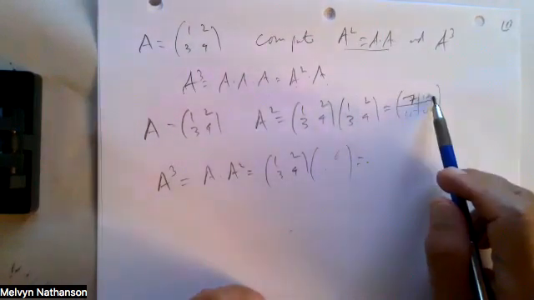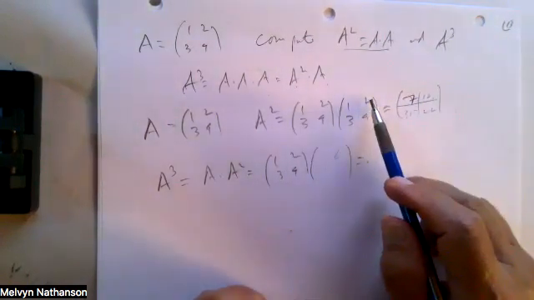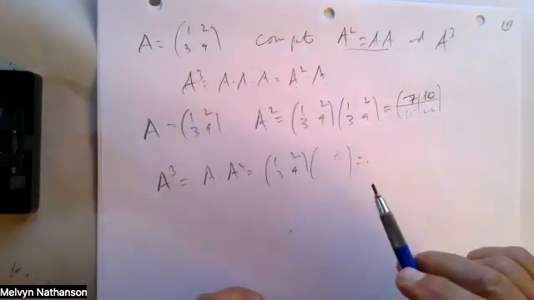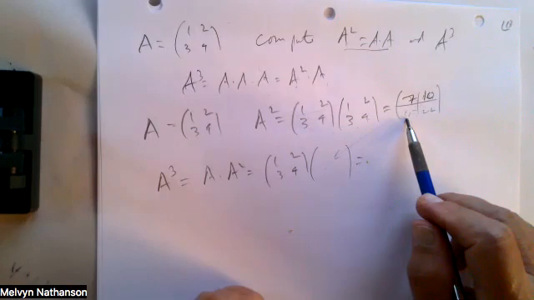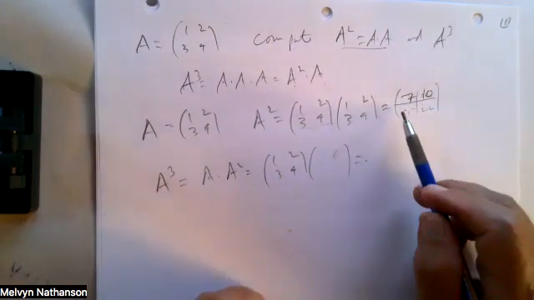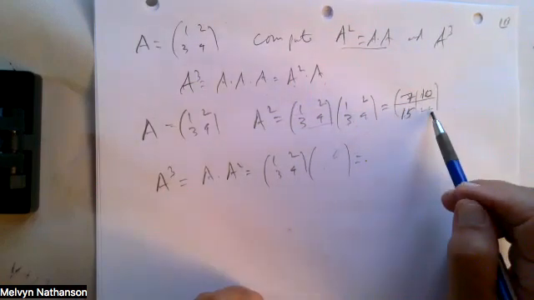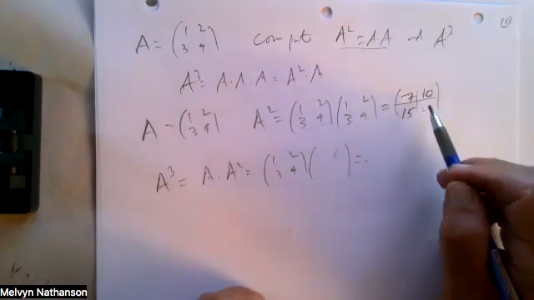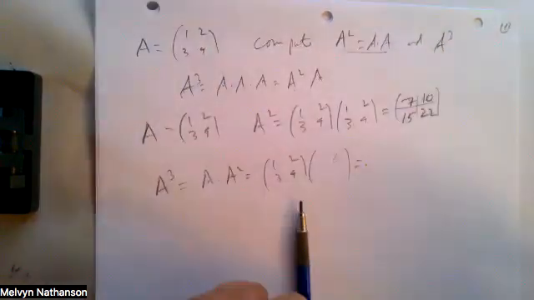For the first row, second column, 2 plus 8 is 10. That's good. Second row, first column, 3 plus 12 is 15. Second row, second column, 6 plus 16 is 22.